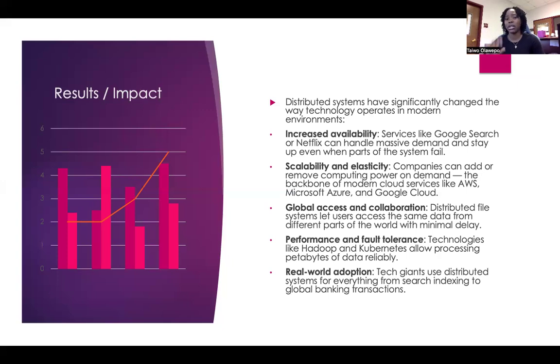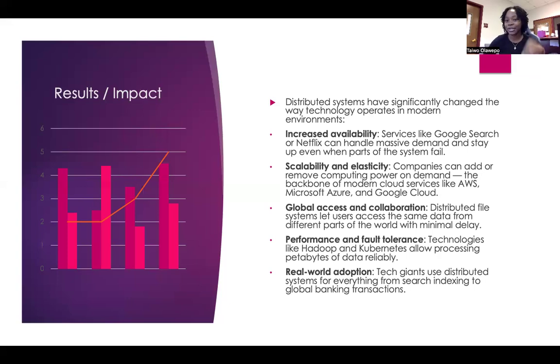There are several more impacts and results, but the last one on my slide is real-world adoption. Tech giants use distributed systems for everything from search indexing to global transactions. You can definitely see the impact of technology as it grows every day. It's very important in different companies, from the backbone to the front end, and this really is needed.